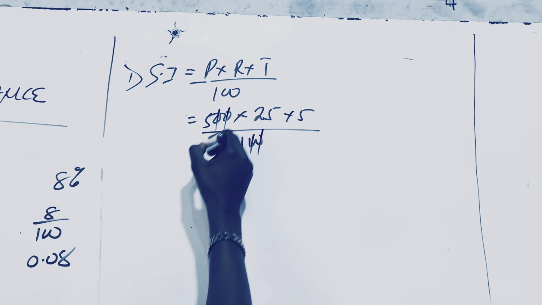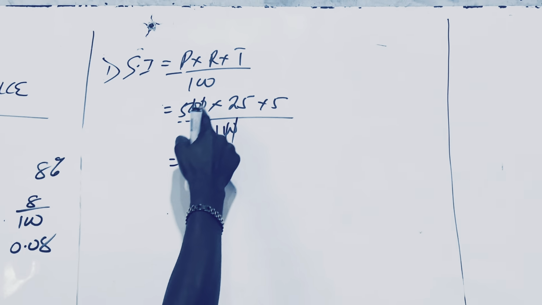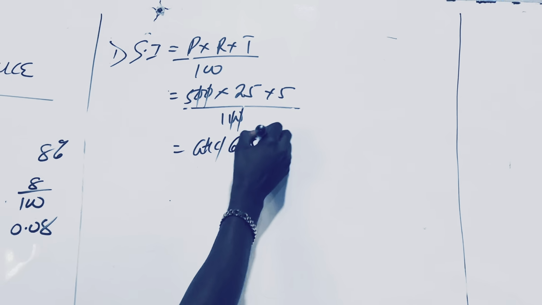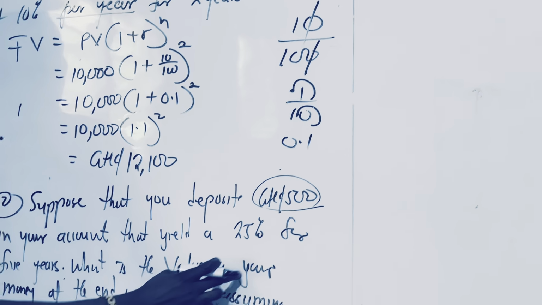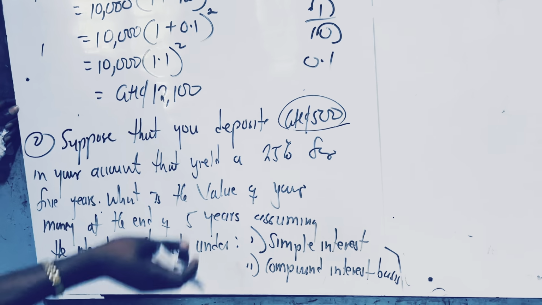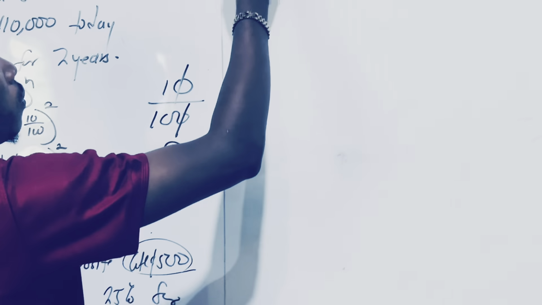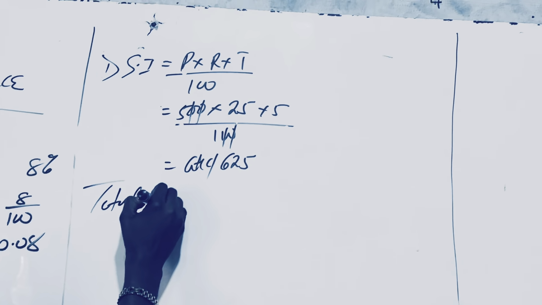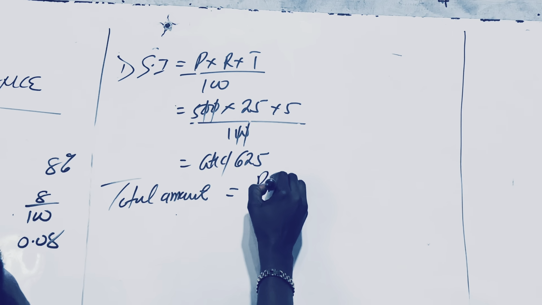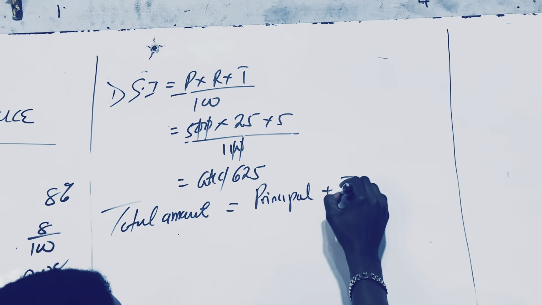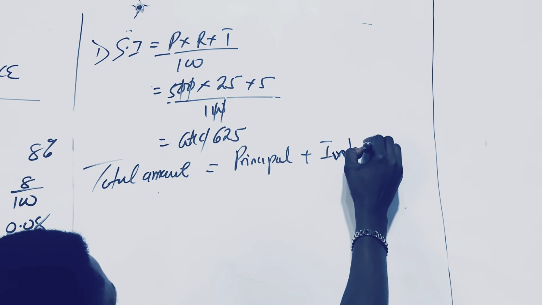So this cancels this. So 5 times 25 times 5 will give us 625. This is the interest. But the question is asking for what will be the value of this money at the end of 5 years. So the value of money at the end of 5 years, our total amount is going to be our principal plus our interest.